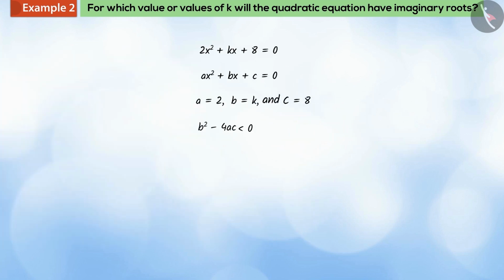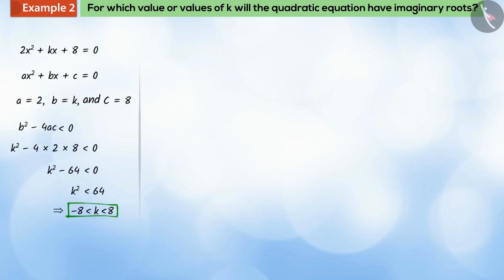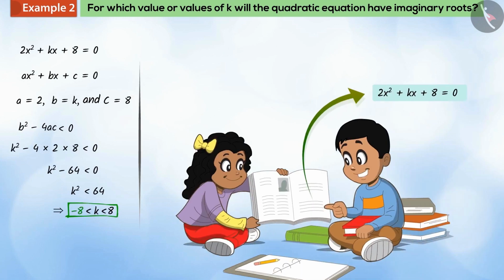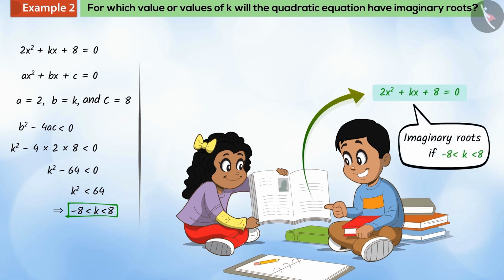If we substitute the values of a, b, and c in this and solve, we get that k is greater than negative 8 and smaller than positive 8. So, for every value of k greater than negative 8 and smaller than positive 8, the quadratic equation 2x squared plus kx plus 8 equal to 0 will have imaginary roots.